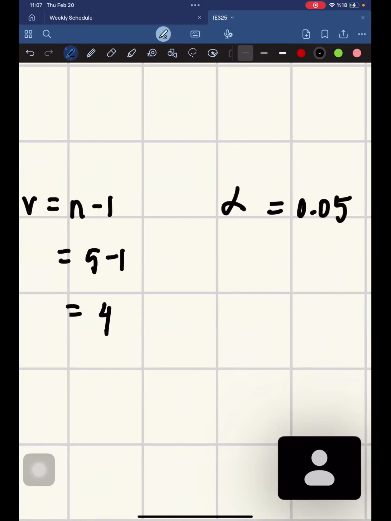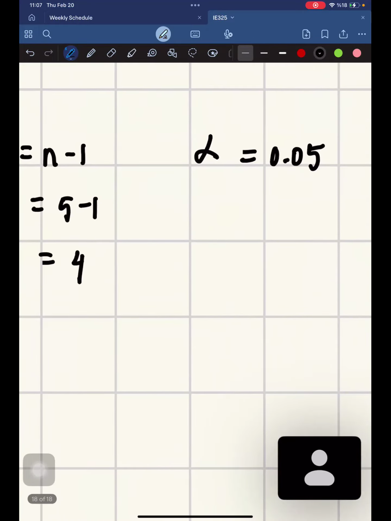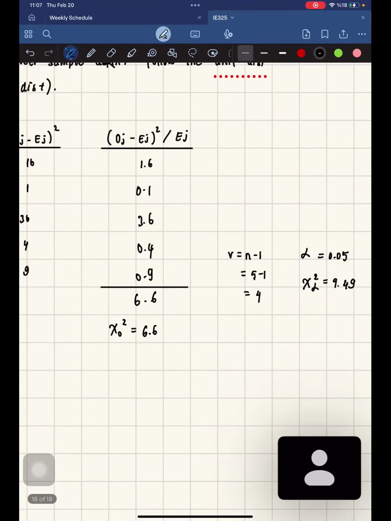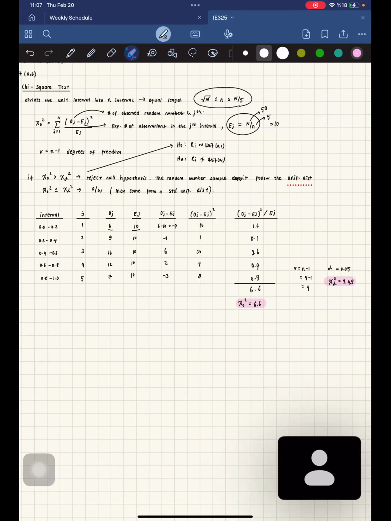We look at the table for the degree of freedom 4 and the significance level of 0.05 and find the critical value. Okay, so the test statistic is 6.6 and the critical value is 9.49.